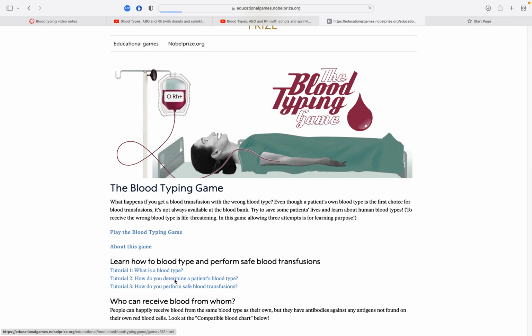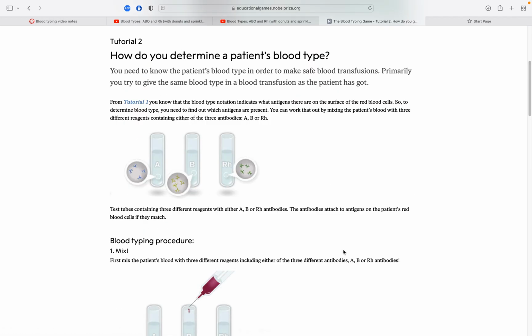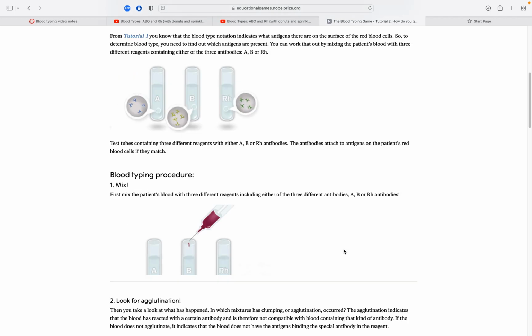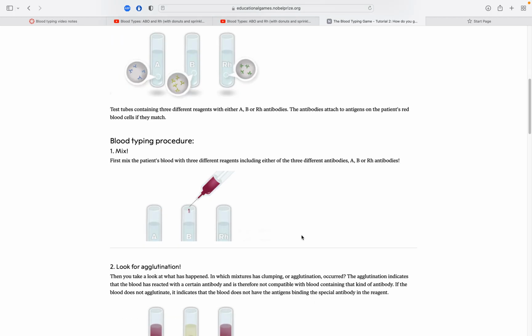How do you determine a patient's blood type? You're going to draw their blood out and then put that into a vial that contains the A antibodies and the B antibodies and the Rh positive antibody. So if this blood coming in here has B antigens, it's going to clump together.